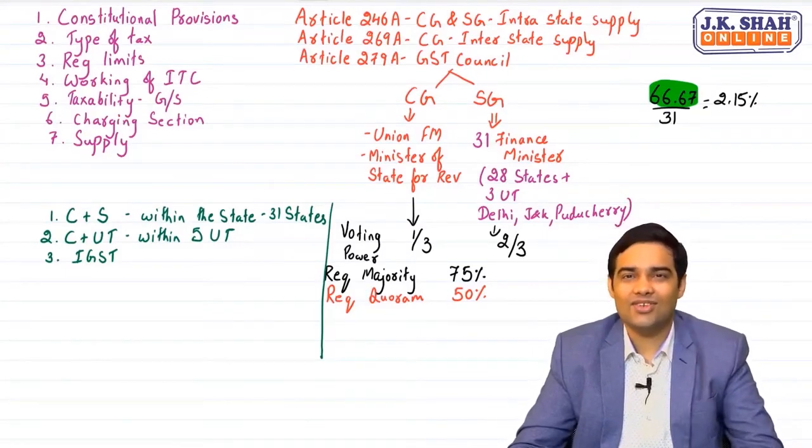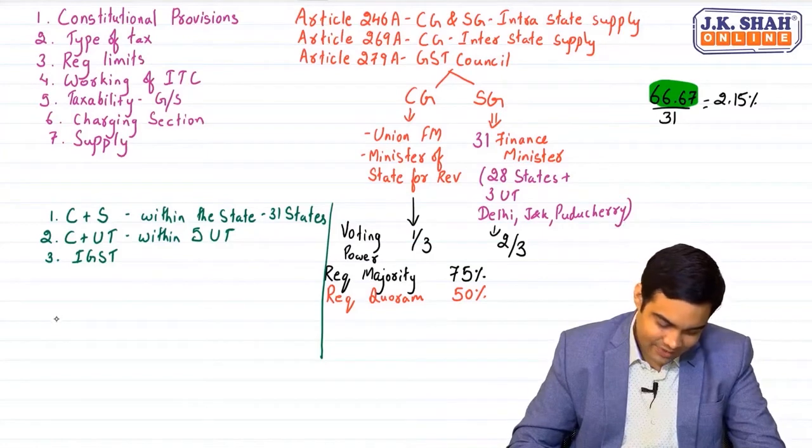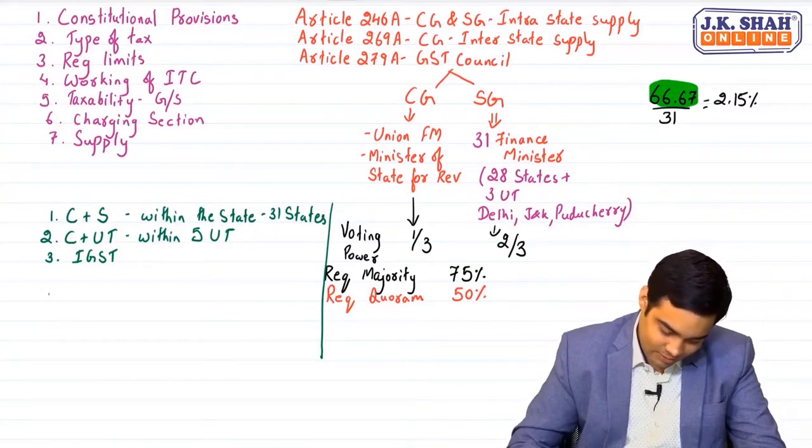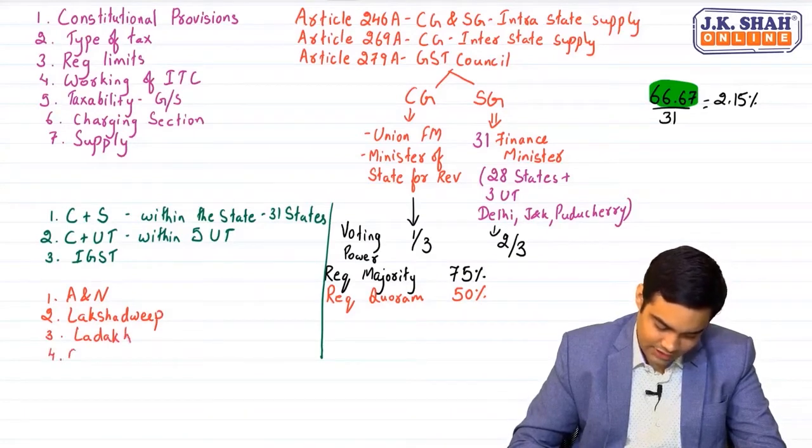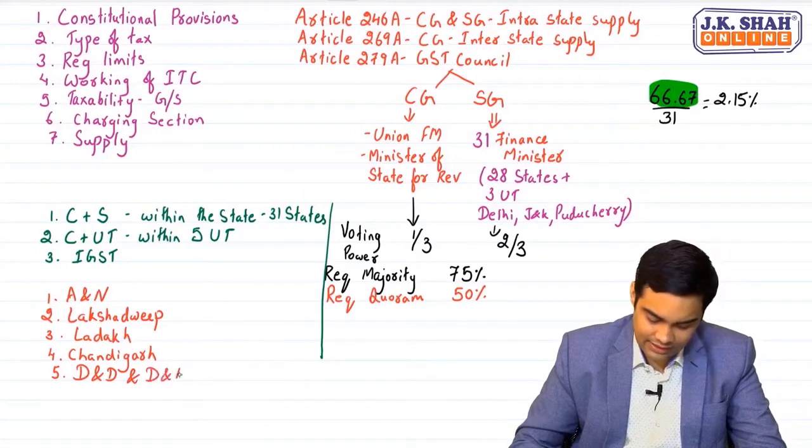Now, these 5 union territories are Andaman and Nicobar, Lakshadweep, then you have Ladakh, fourth one Chandigarh, and finally we end with Daman and Diu and Dadra and Nagar Haveli.